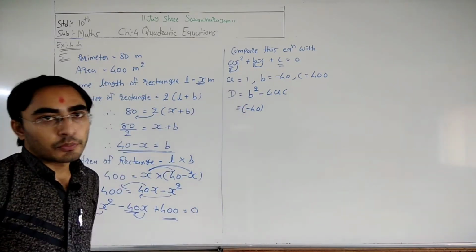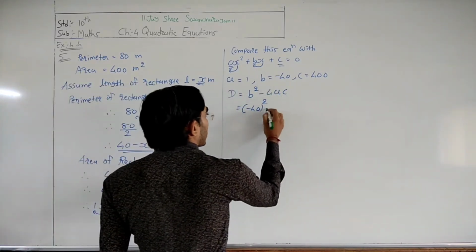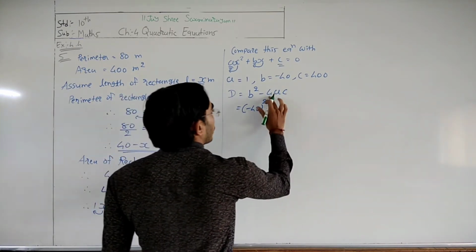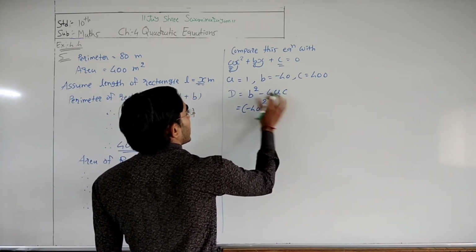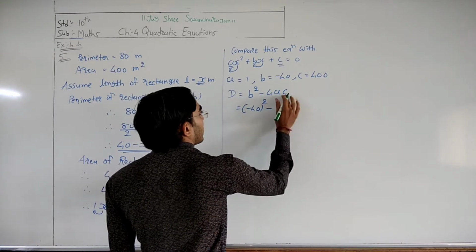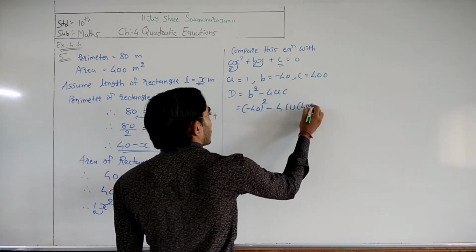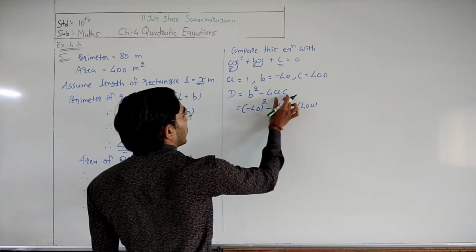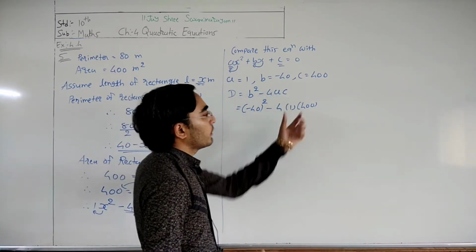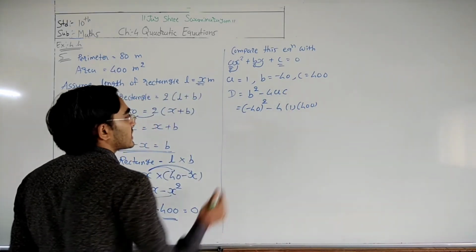Now the value of b is minus 40. So d is minus 40 all square minus 4 into the first term a, which is 1, and multiply c, 400. 4 multiply a multiply c. Here multiplication is there, that's why we use the bracket.